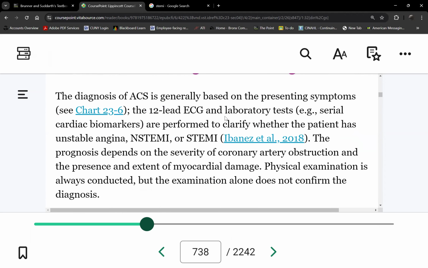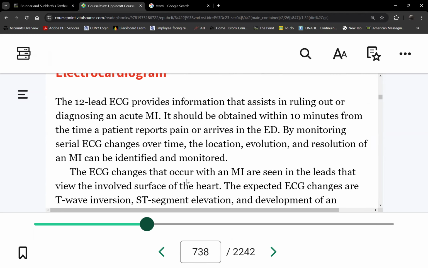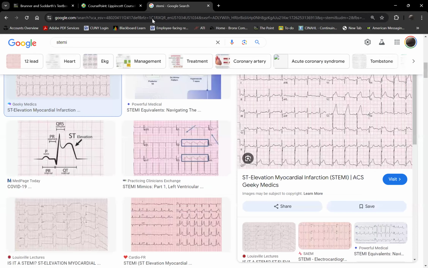Okay. So what's the difference between NSTEMI and STEMI? It's really depending on how deep is the involvement in the myocardium. Okay, let me show you NSTEMI.